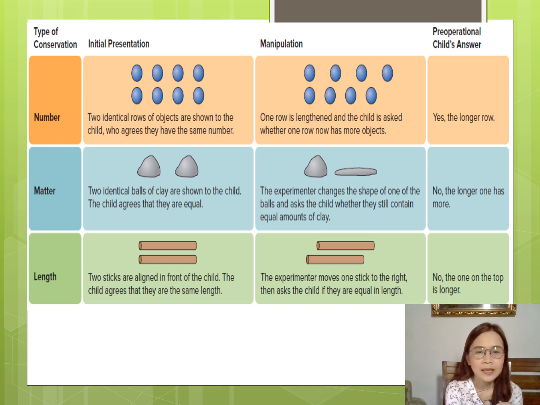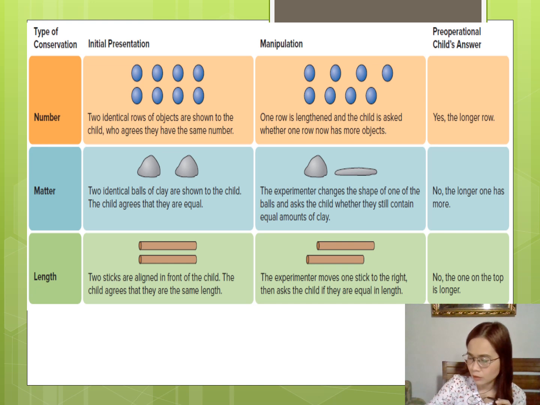And then, sa length naman, there are 2 sticks aligned in front of the child. The child agrees that they are the same length. And then, medyo iginilid mo lang papakanan yung isang stick. And then, you ask the pre-operational child which is longer.